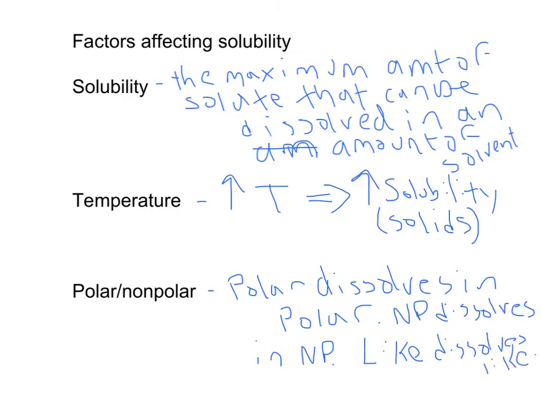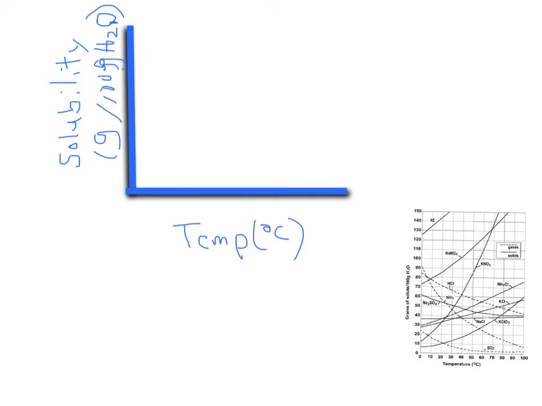Alright, and now we're going to take a look at a solubility graph. We're going to look at some solubility curves. In the bottom right corner you'll see an actual graph, but before we throw you at that, we're going to talk about how to read these. So Mr. Ferguson, where do you want to start off with these?